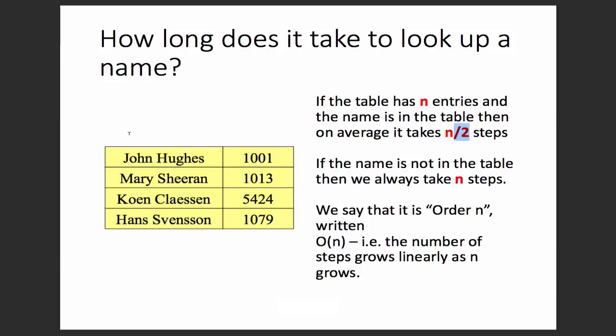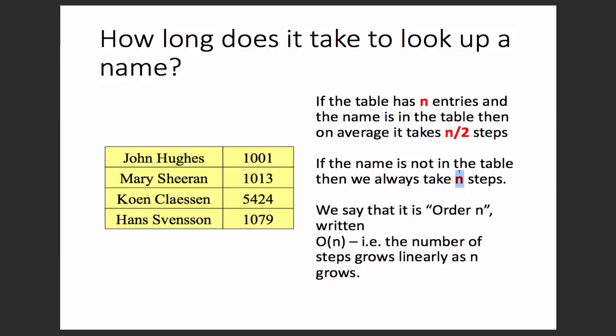And if the key is not in the table, well, then we'll have to look at every element in the table before we conclude that we can find nothing. So we either take n over 2 if it's in there, or we take n steps when it's not in there. So overall, something between an average n and n over 2. Depends on your distribution of data.